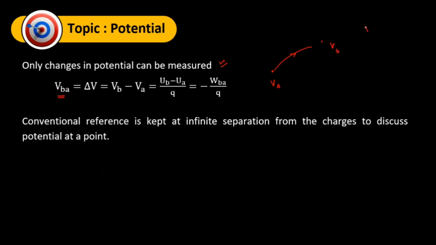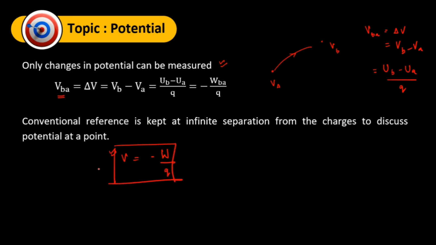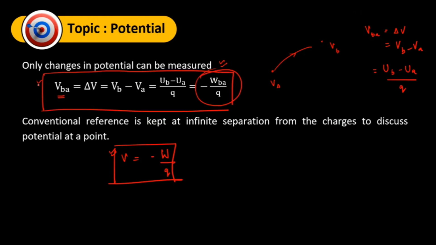But what we can do is measure the potential difference of both the points, which is represented by delta V, which is always equal to VB minus VA. And this is equal to the potential energy at point B minus the potential energy at point A divided by charge, which is going to give us the negative of work done by charge. So again, everything is from its definition only. Remember this relation. This relation is very important. We're going to use this so many times in numericals.